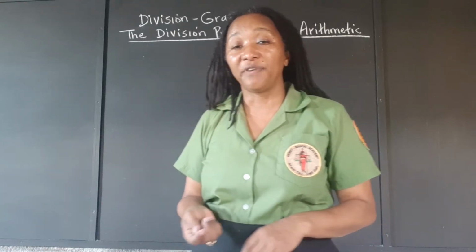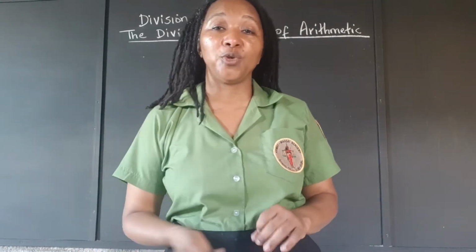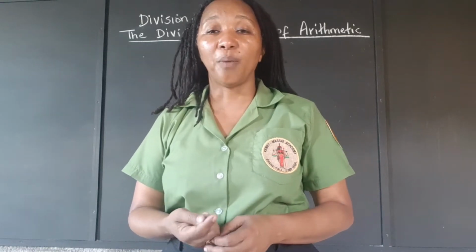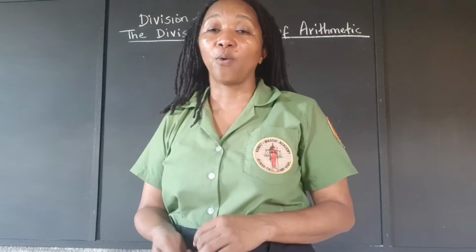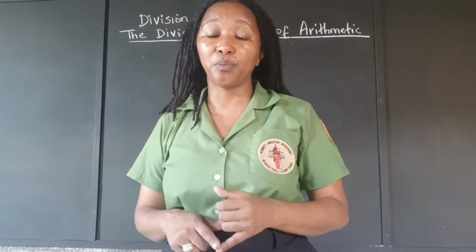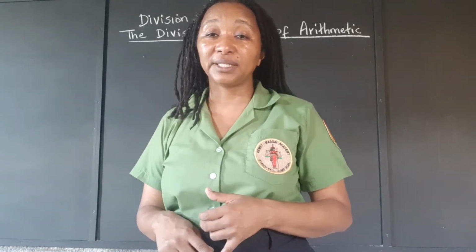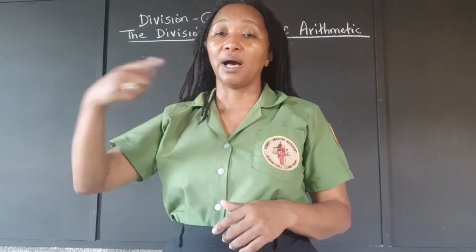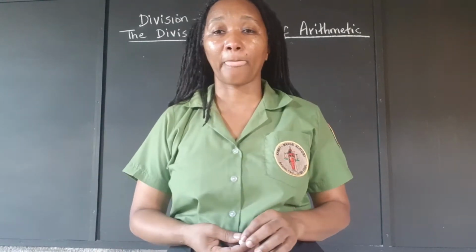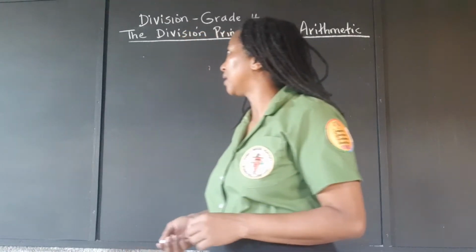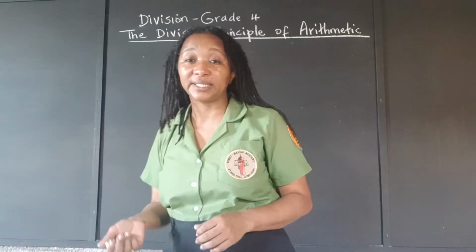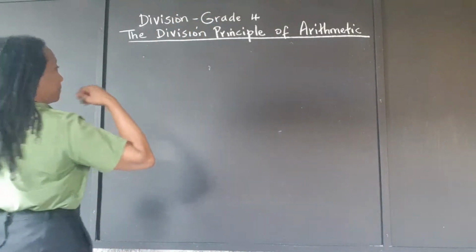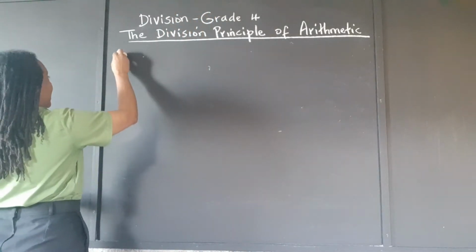If you are unfamiliar with those terms, you may go and check the video that I did on the operations of arithmetic, where I explained in more detail the difference, the quotient, the sum, the product, and so on. So division, we're given a quantity and we're sharing it up equally. Okay, so let's look at a few examples.